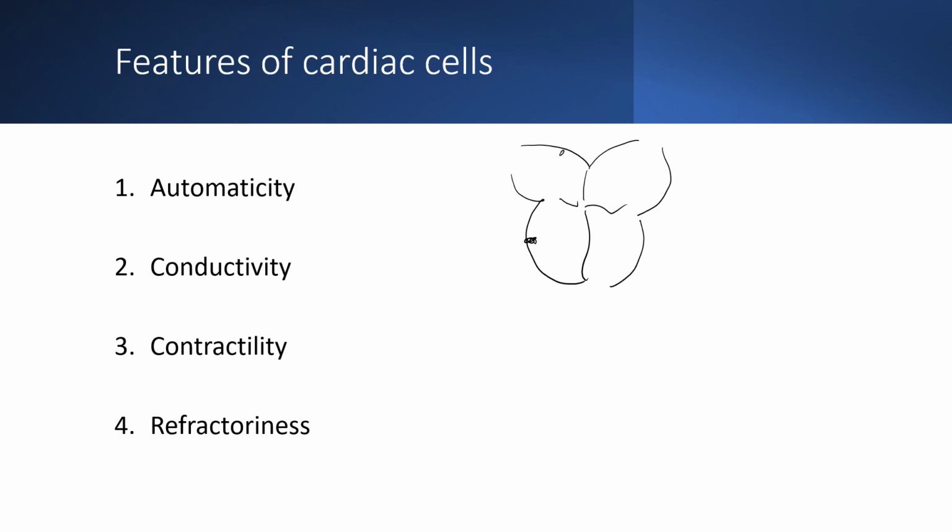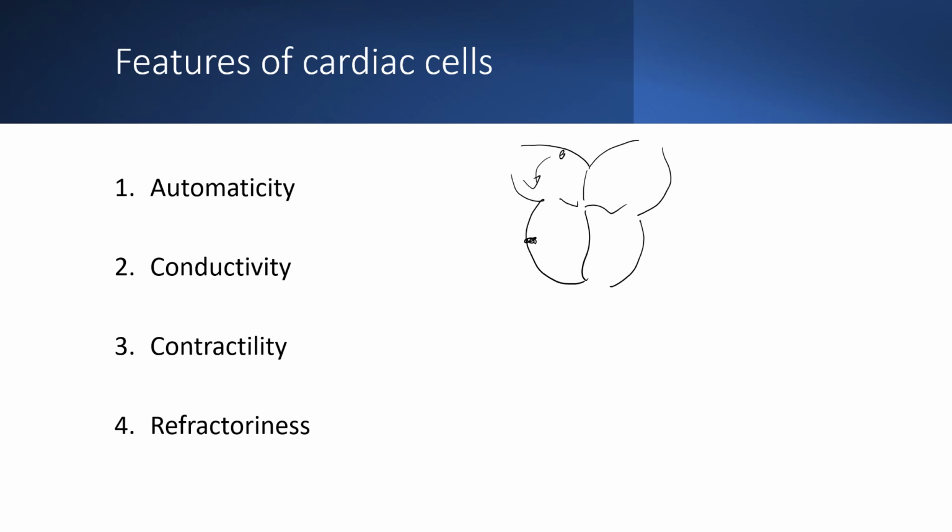Let's say there's a cell up here that is not part of that conduction system. So it's not part of the SA node, the AV node, the AV bundle, or the Purkinje fibers. For whatever reason, it gets excited and stimulated, it will generate an electrical impulse, which will then get transmitted through the conduction system, and we will pick that up. And that is one reason for the presence of arrhythmia in your clients.